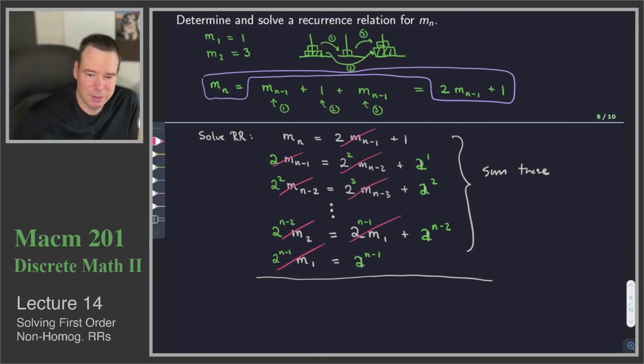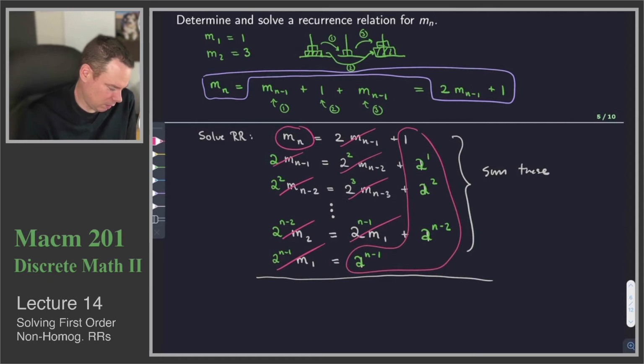I always like to do that last equation with the initial condition because it allows me not to have to really think too hard at this stage, because I'm just like cancel, cancel, cancel, cancel. There's one thing that survives on the left. There's a bunch of stuff that survives on the right, and I just have to collect those together. So what survives on the left is an m sub n.